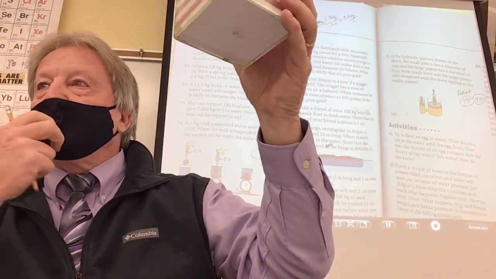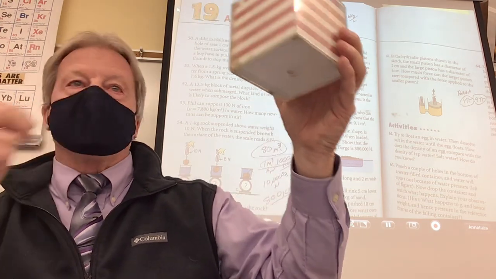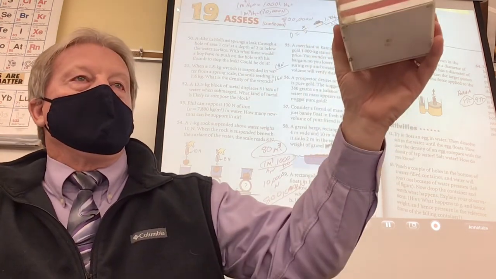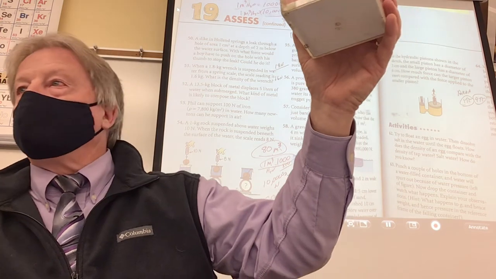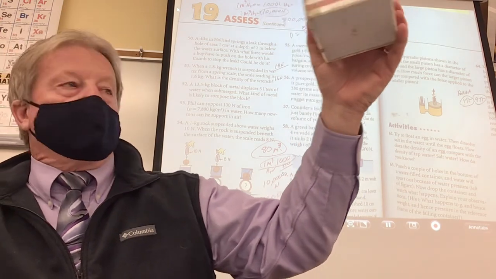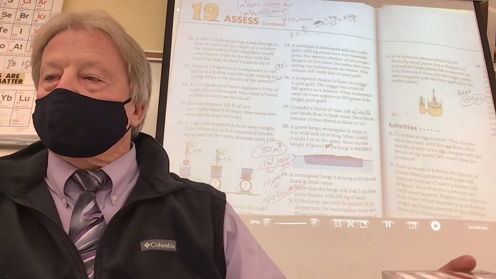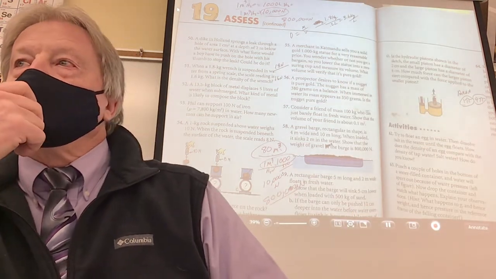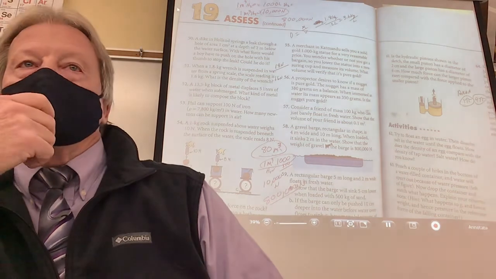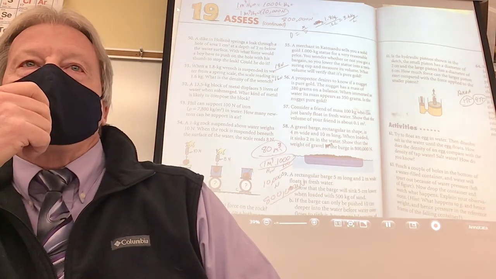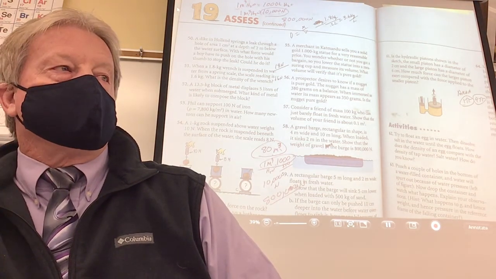You get that? So how much does that weigh? What mass, I mean? Times 1,000. 1,000 kilograms, right? 1,000 kilograms is how many newtons? Uh-oh. 1,000 kilograms, how many newtons? 10,000, isn't it?